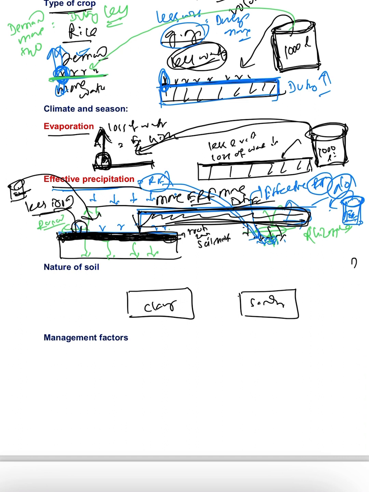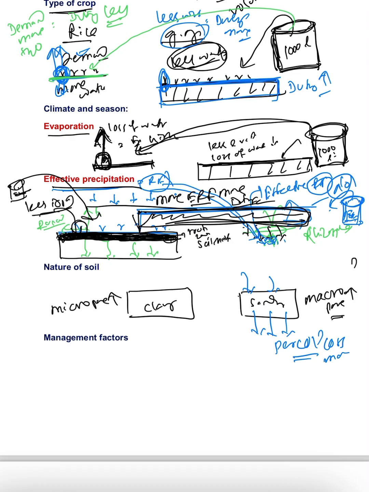Clay soil has more micropores, but sandy soil has more macropores. So in sandy soil, most of the irrigation water I apply will go downward, which is called percolation. So percolation loss is more in which soil? In sandy soil.